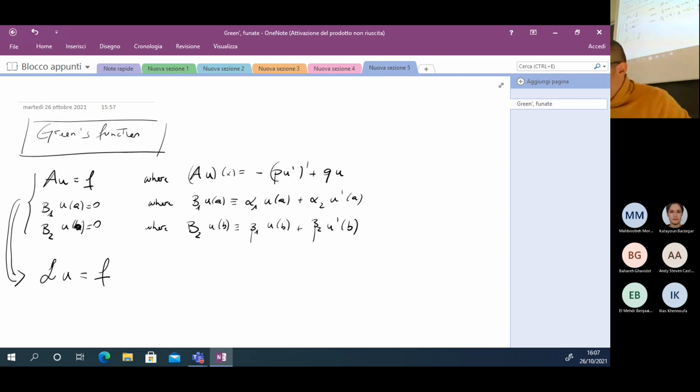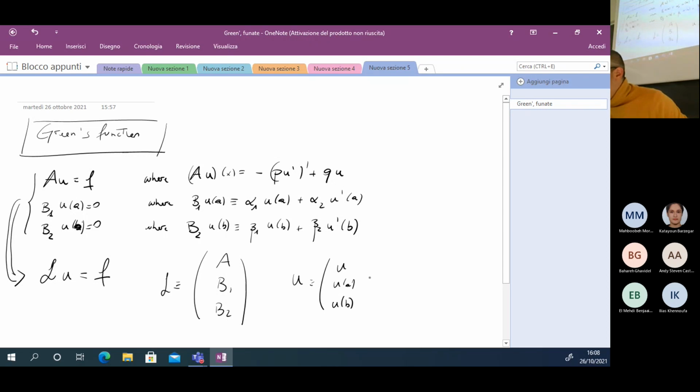So you can imagine L as A, B1, B2, with u being u, u(a), u(b), and F being f, 0, 0.